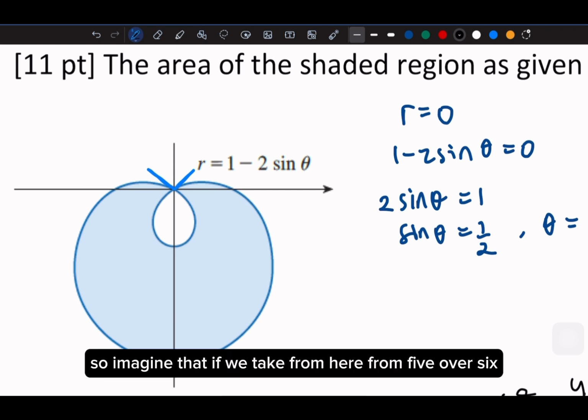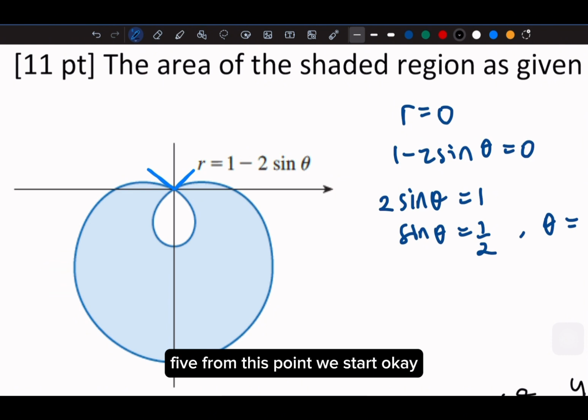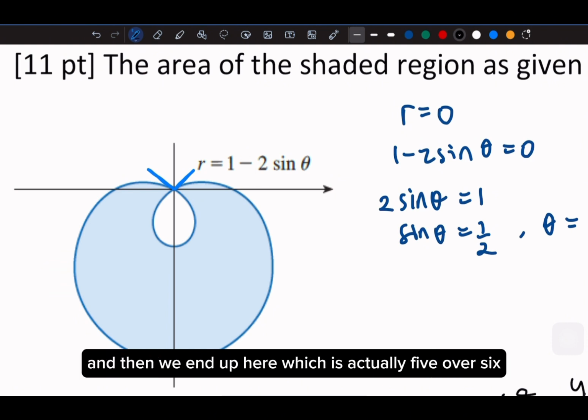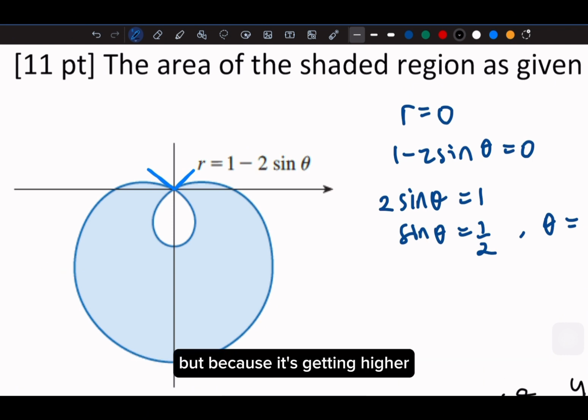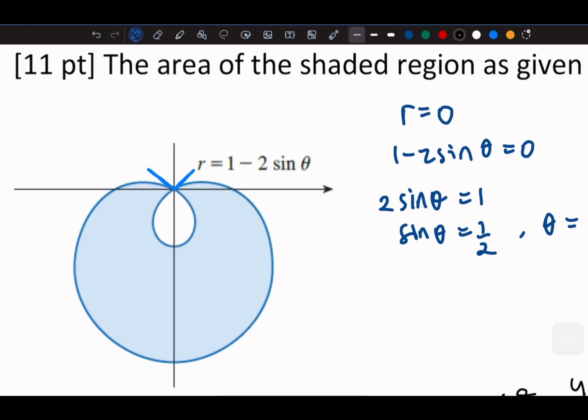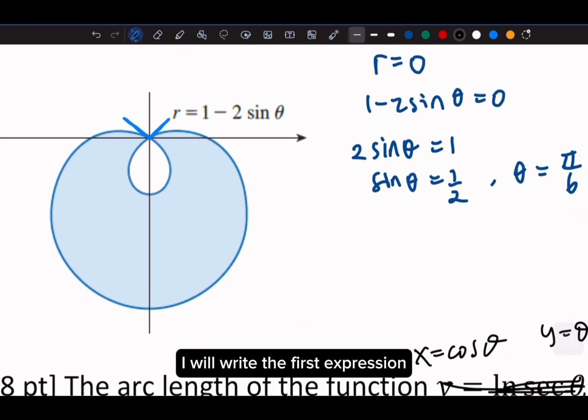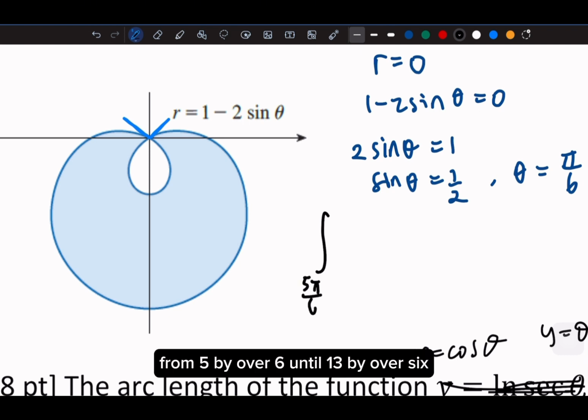So imagine that if we take from here, from 5/6 pi, from this point we start, and then we end up here, which is actually pi/6, but because it's getting higher, I will choose that as 13/6 pi. So I will write the first expression from 5 pi/6 until 13 pi/6.